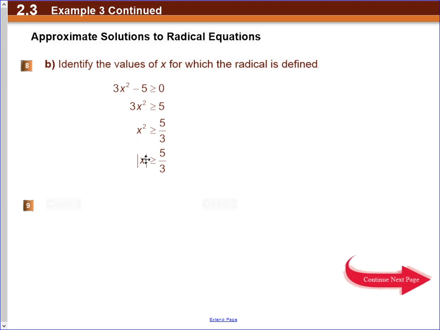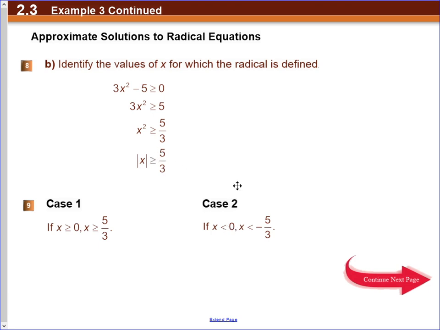The absolute value of x has got to be greater than or equal to 5/3. Because a negative number squared becomes positive, and a positive number squared stays positive, we have to look at two different cases. We have to look if x is greater than or equal to 0, then x is greater than or equal to positive 5/3.